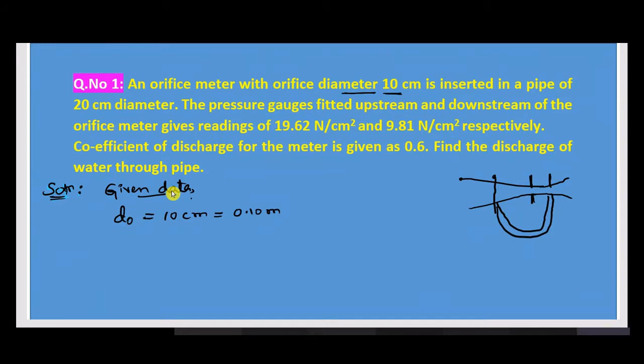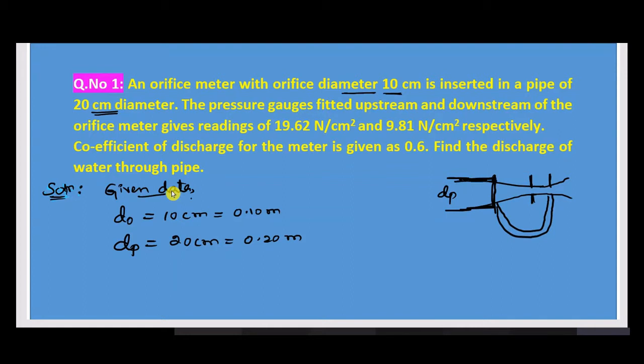Now we'll see what type of devices he has used in the orifice meter for measuring pressure. The first data he has given is the diameter of the orifice, 10 centimeter, inserted in a pipe of 20 centimeter diameter. So the diameter of this pipe, that is DP, I will take. DP is equal to 20 centimeter is equal to 0.2 meter. And dear students, as I told you in previous video lectures also, the diameter of the pipe will be equal to the inlet diameter because the inlet is connected at the entrance of that particular orifice meter.